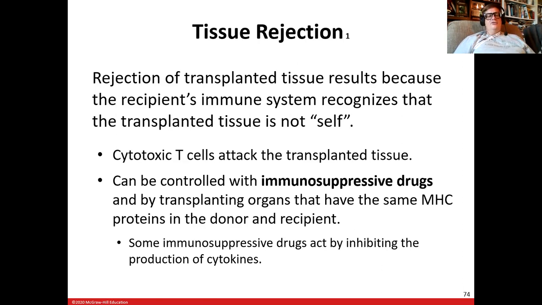So they can give you drugs, immunosuppressive drugs, that will stop the cytotoxic T cells from attacking that tissue. Now, when they do, they're going to suppress the immune system. So you'll always have to be more careful when you go out in public. Some of these immunosuppressive drugs inhibit cytokines.